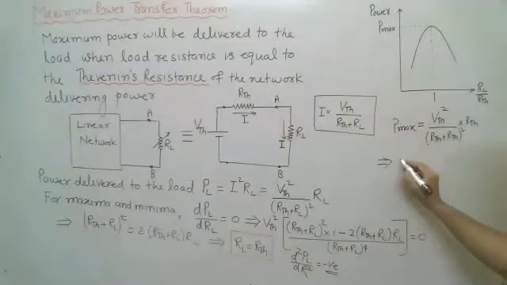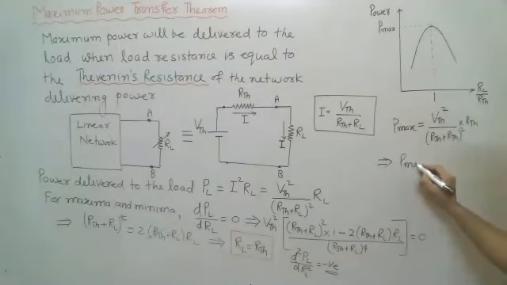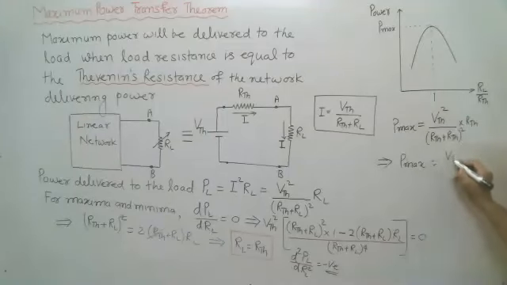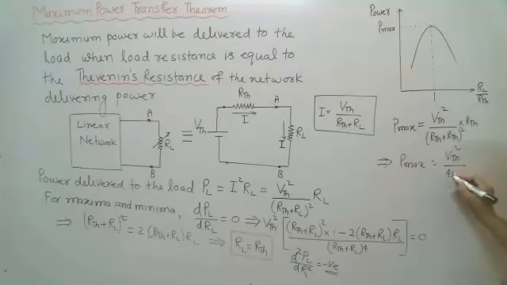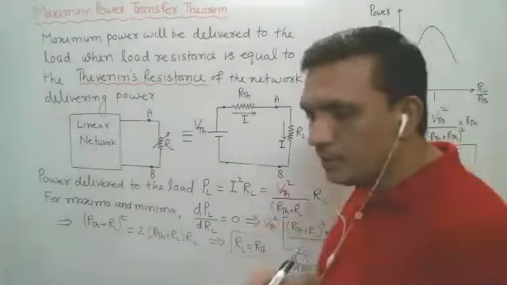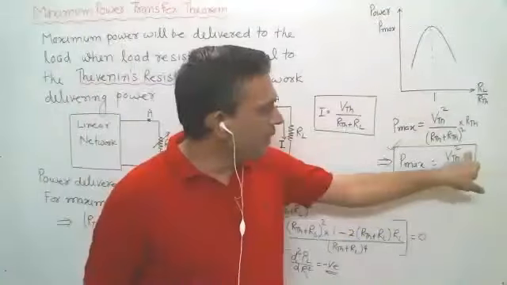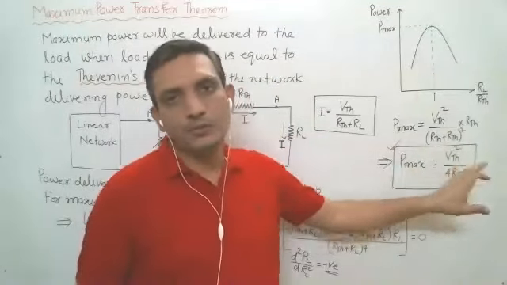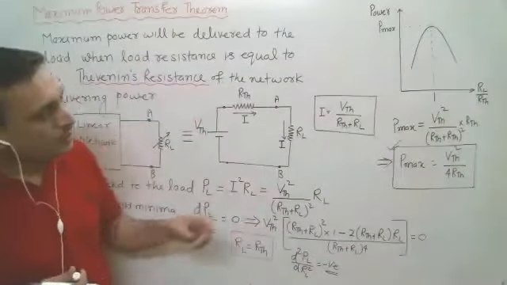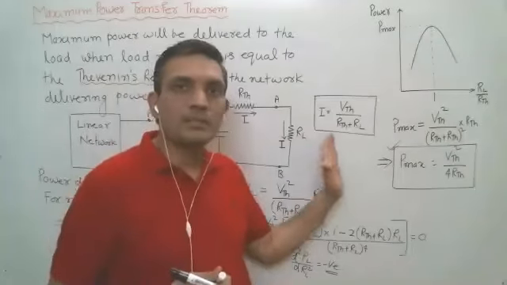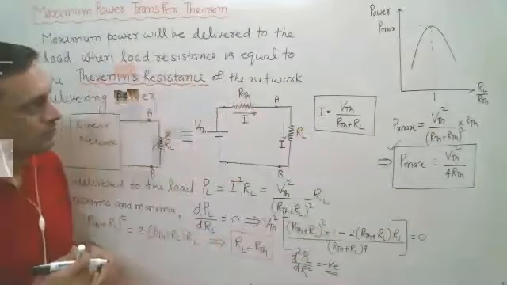And then P maximum will be VTH square by, this will give you, 4 RTH. So at this value of RL, when RL is equal to RTH, maximum power delivered will be VTH square by 4 RTH. So that is the maximum power transfer theorem.